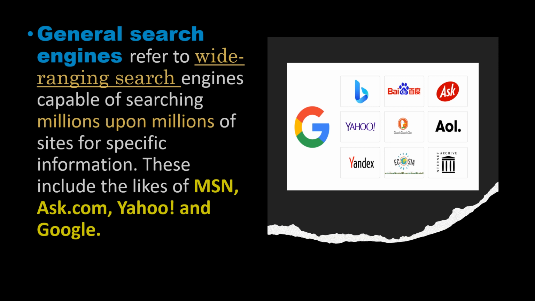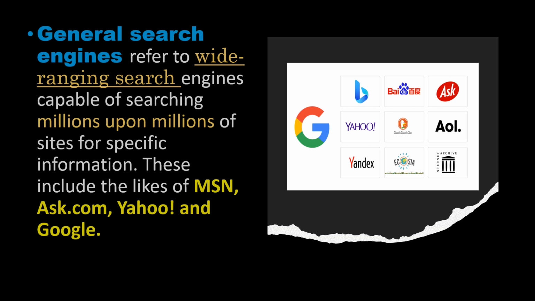So, there are three kinds or classification of search engine. Let's begin with the biggest one, and that is known as general search engine. So from the word general, sabi nga, it referred to wide-ranging search engines capable of searching millions upon millions of sites for specific information.